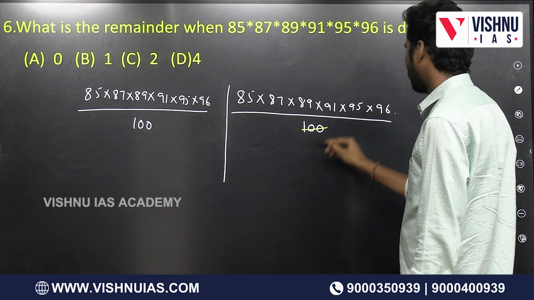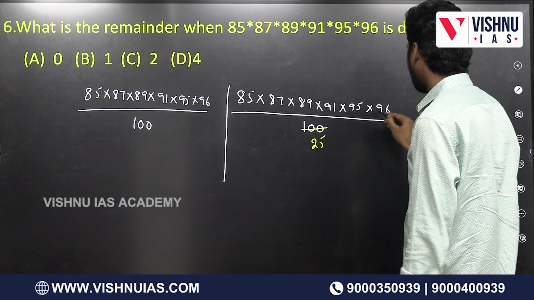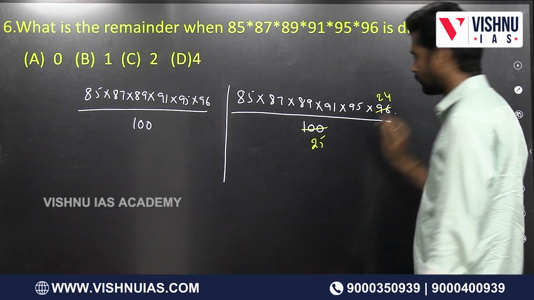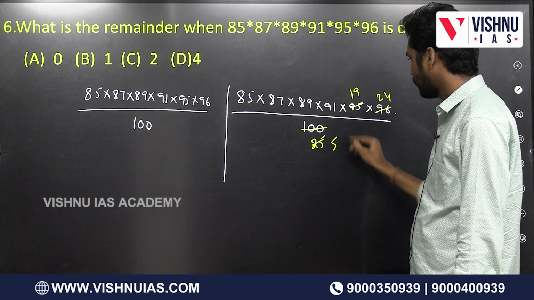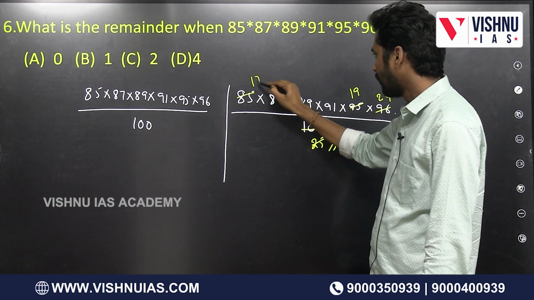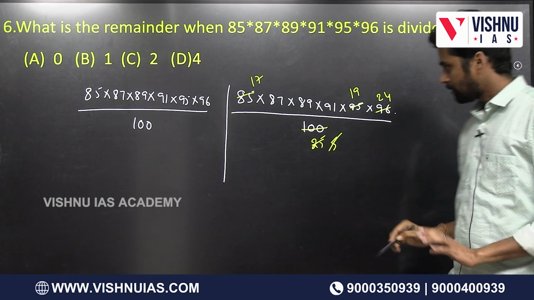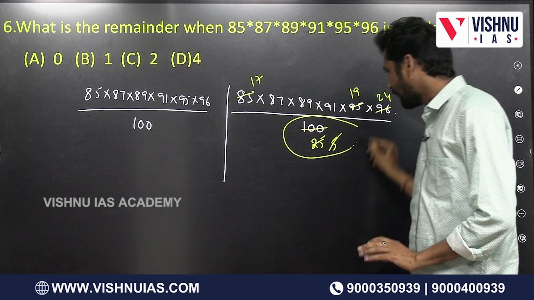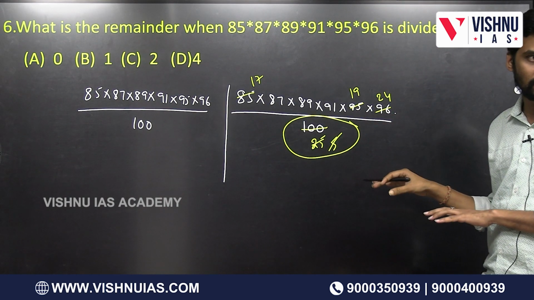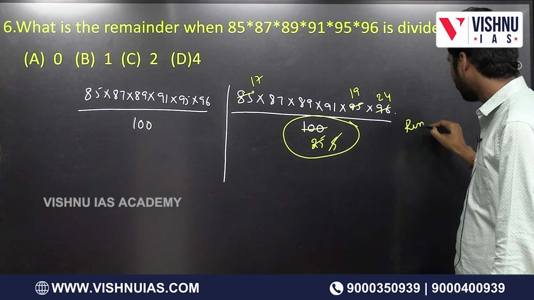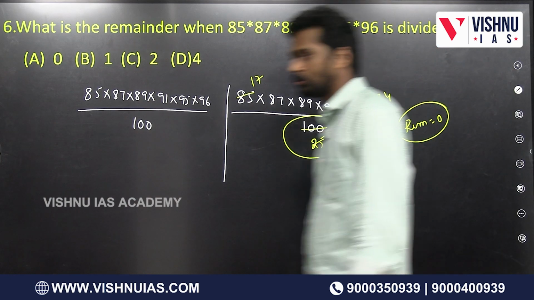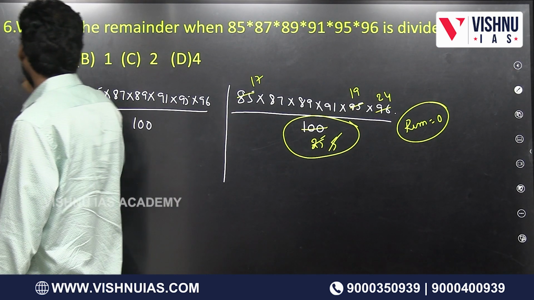See this 425 is 4 into 25, and then 4 2s are 4 4s, right? And 519 is 5 into 5, 5 17s. I told you in the last class that if we are left with nothing in the denominator, then the remainder is 0. So this is one logic. Anyway, the answer is 0.